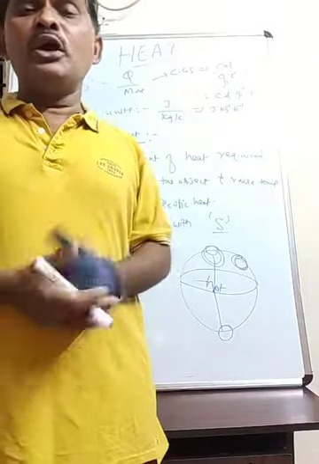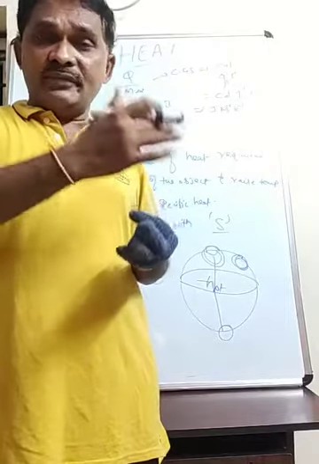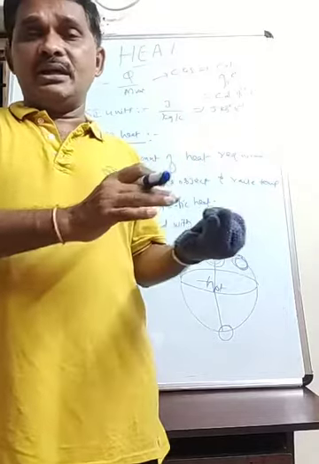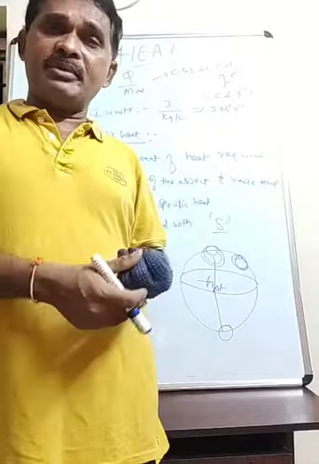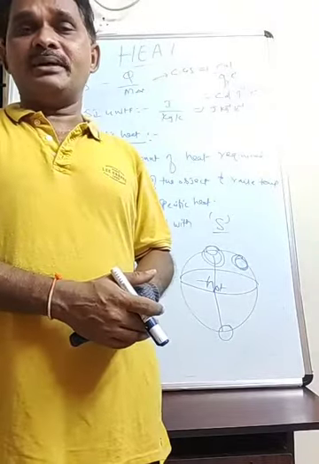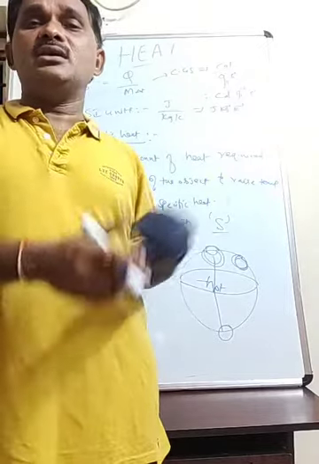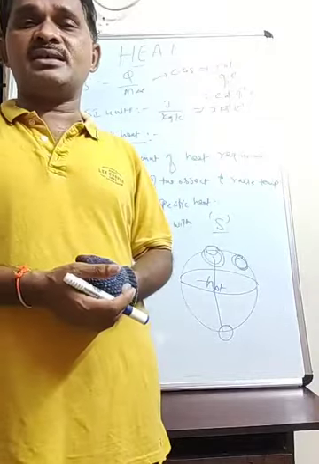Up to now we discussed what heat is, the definition of heat, units of heat, the SI unit and CGS unit relation, and temperature. What is temperature, the definition of temperature, units of temperature, CGS units, SI units, and the Celsius, Kelvin and Fahrenheit relation on those scales.